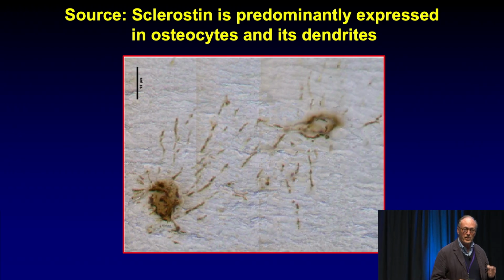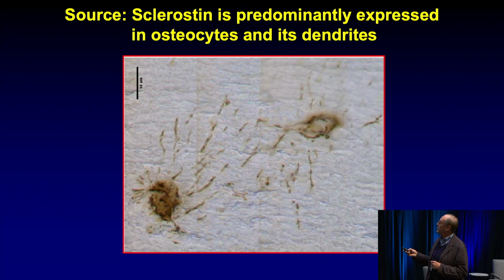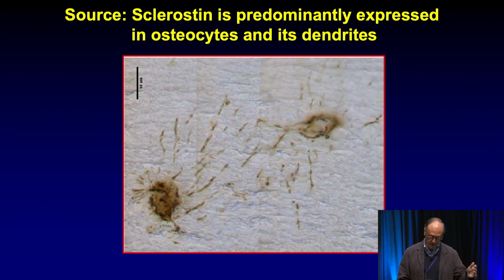It's essentially the only source of sclerostin within bone and more or less within the entire organism. So it's very, very interesting. You can see here two osteocytes and their dendrites reacting for sclerostin. So now we know that the source of the sclerostin is the osteocyte.